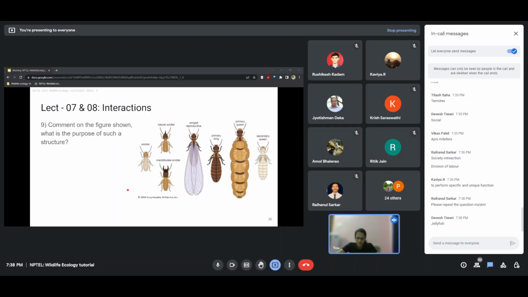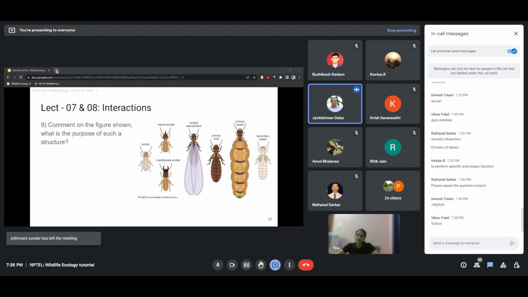All right. So, do they form just clusters, but all of them perform the same function? Right. Okay. Yeah. So there is no hierarchy in the structure. There is no social structuring. Corals. Yeah, sure.